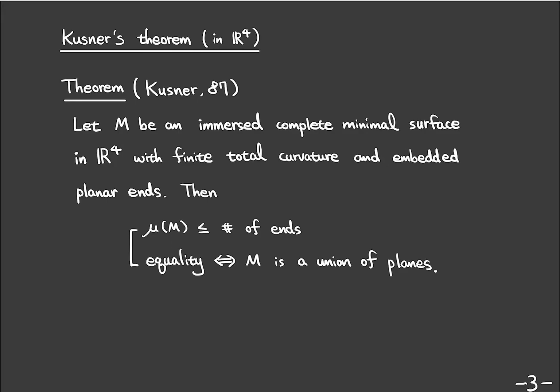Here, mu_m is defined as follows. For a point P, mu(P) denotes the number of sheets passing through P, and mu_m is the maximum of them.